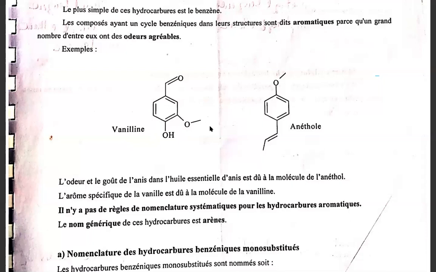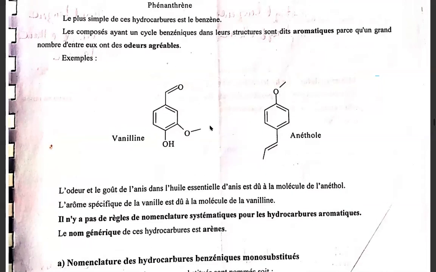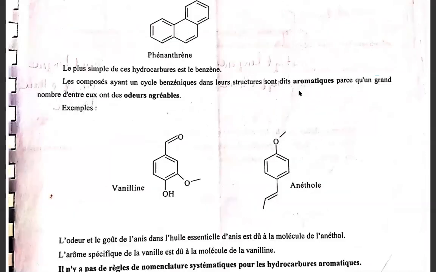So when you look at a molecule and it has a benzene ring attached to it, please take note that it is an aromatic compound. Les composants ayant un cycle benzénique dans leur structure sont dits aromatiques parce qu'un grand nombre d'entre eux ont des odeurs agréables.